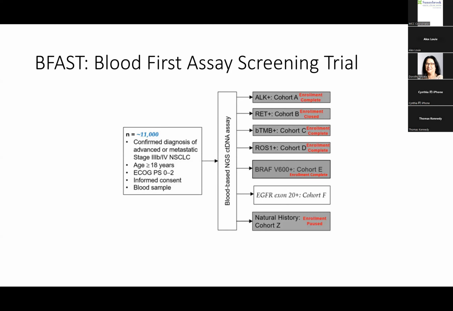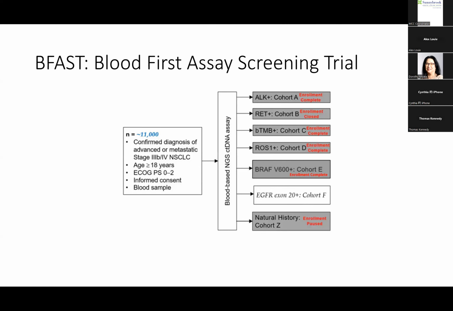So if your patient has a mutation other than EGFR exon 20, they would not continue on the trial after their blood ctDNA testing. If they did have that, then they would be continued on cohort F. However, this is an option for patients who might benefit from having ctDNA testing and further evaluation for potential mutational status.